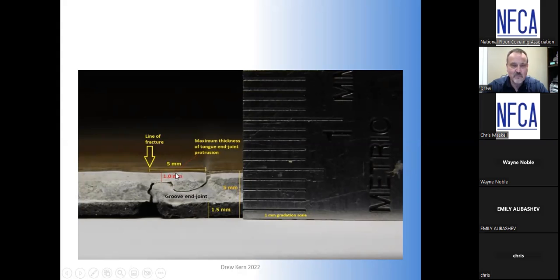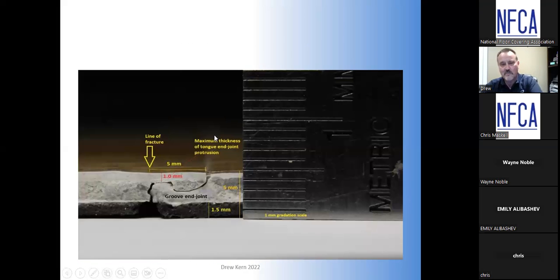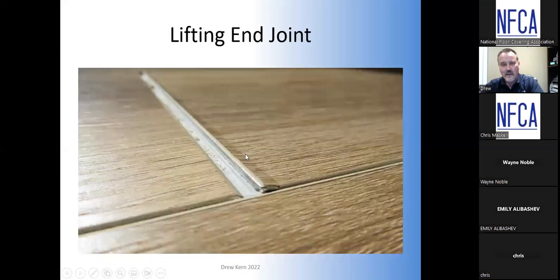So as this moves or shrinks back, or even deflection in the subfloor, we have this breakage at approximately 4 to 5 millimeters. It's anywhere in here where the line of fracture will occur. And that's what you're seeing right there topically when this is the side profile. And this is it riding up and over in the mat.